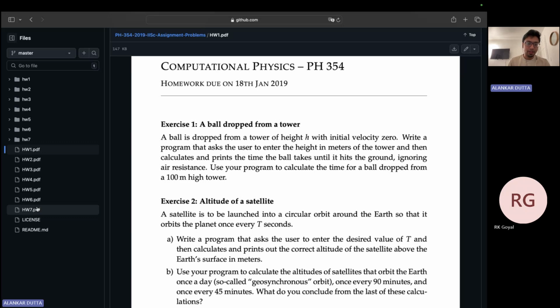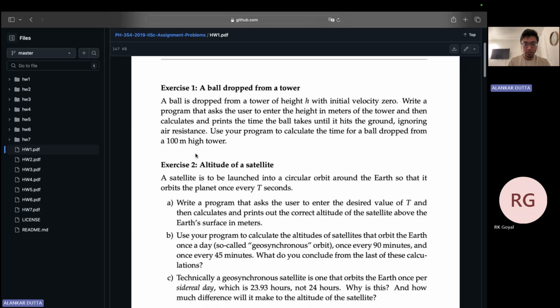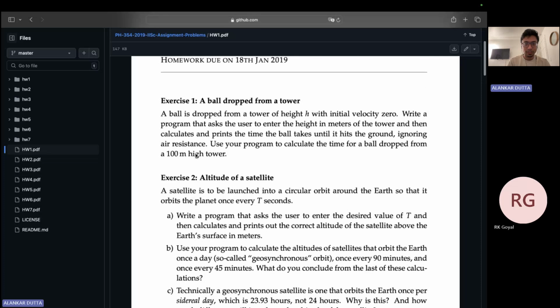For each of these PDFs, we are going to go one exercise, one question at a time, and try to solve these in Python. This also covers a broad range of topics in computational physics. The idea is that we get familiarized with Python and also solve a lot of real world problems related to computational physics.